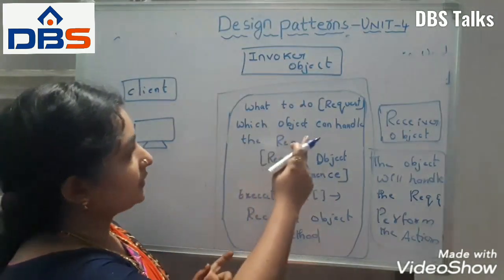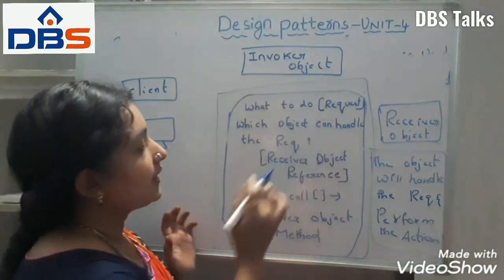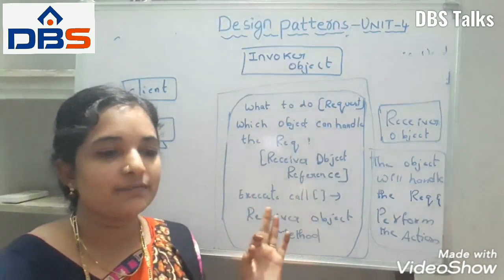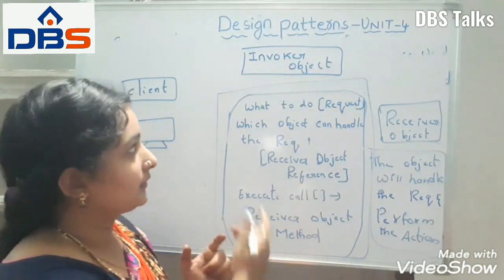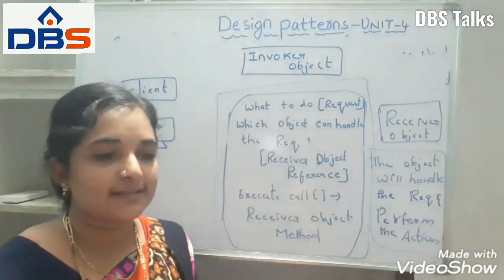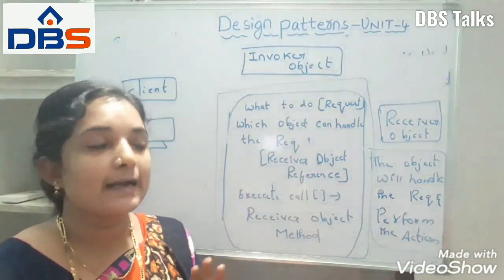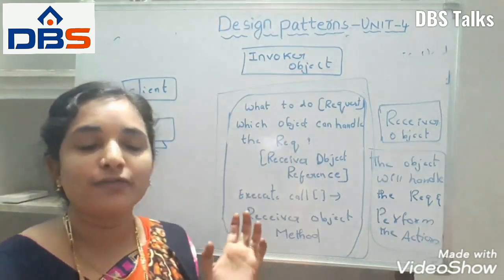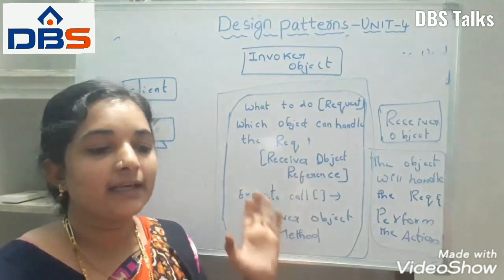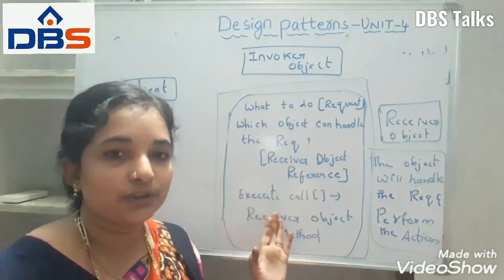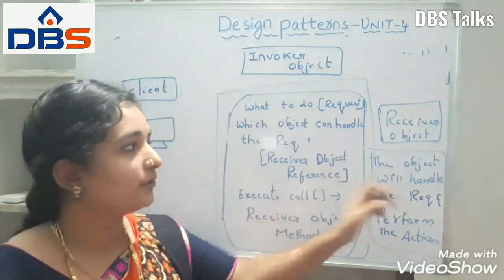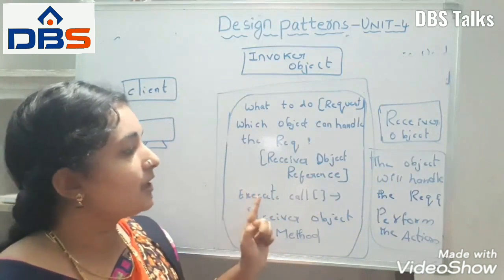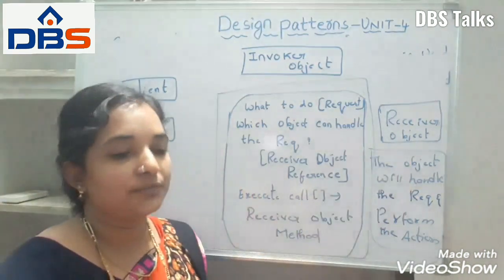The invoker object just calls the receiver object reference and executes the method. The invoker object just calls the execute method of the command object, and the execute method of the command object will call the receiver object method.